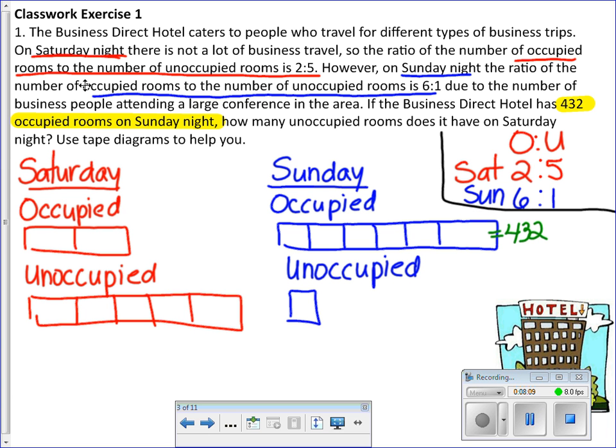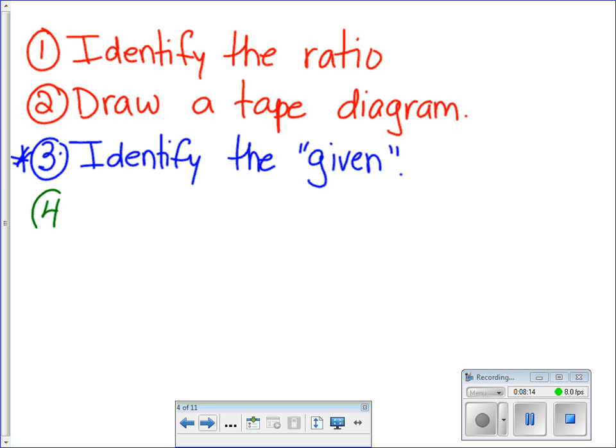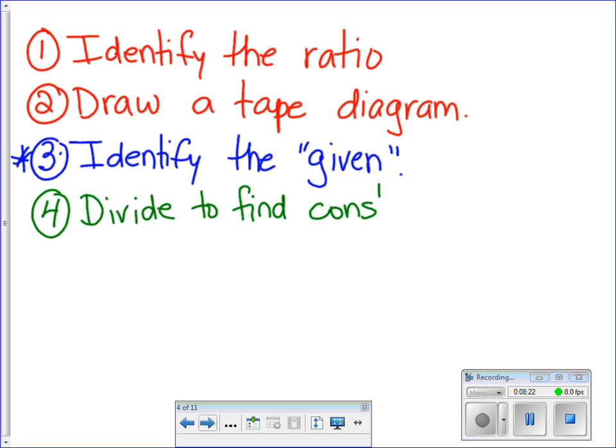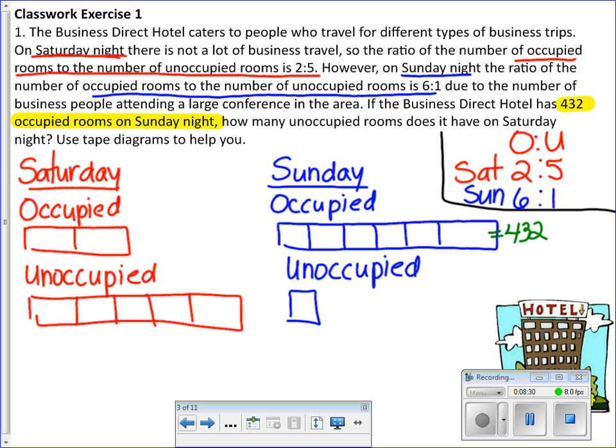Now that we have placed our given, step 4 is to divide to find the constants. And you can print this page off the block tonight since you didn't copy it in your notes yesterday because of the assembly, or we could copy it again in extra help today. So this 432 has to be divided evenly among these 6 boxes.